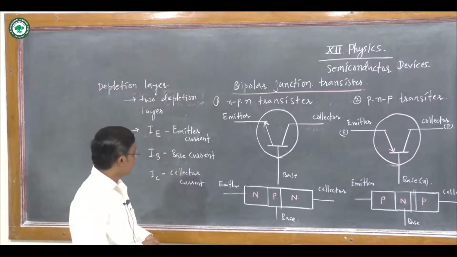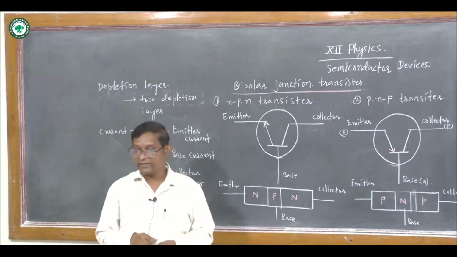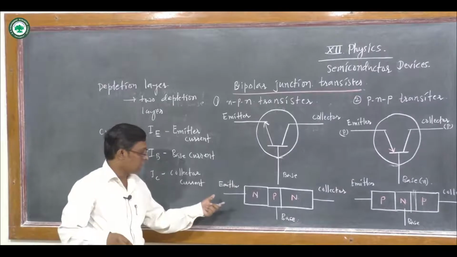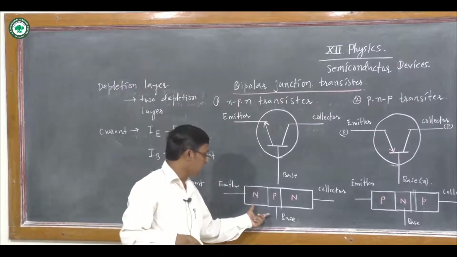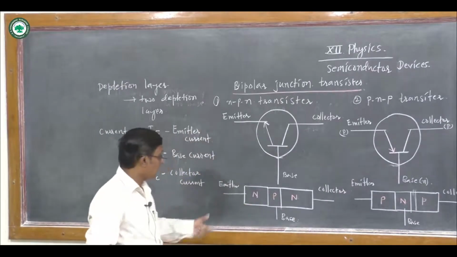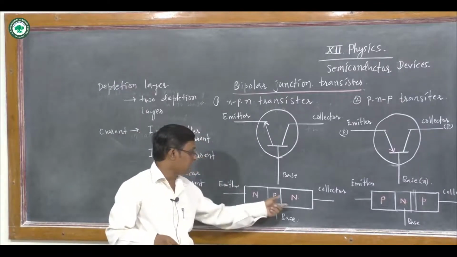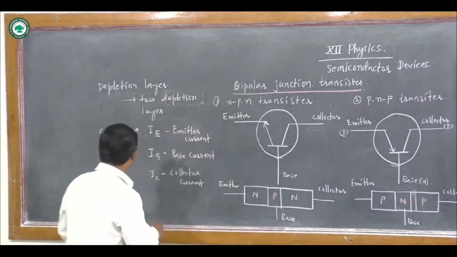Now let us talk about the resistance. The resistance between the emitter and base is low, and as compared to this, the resistance between the collector and base is high.